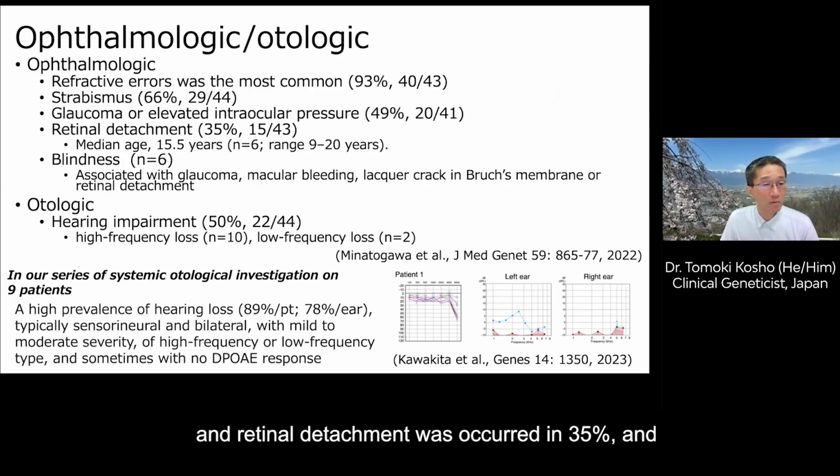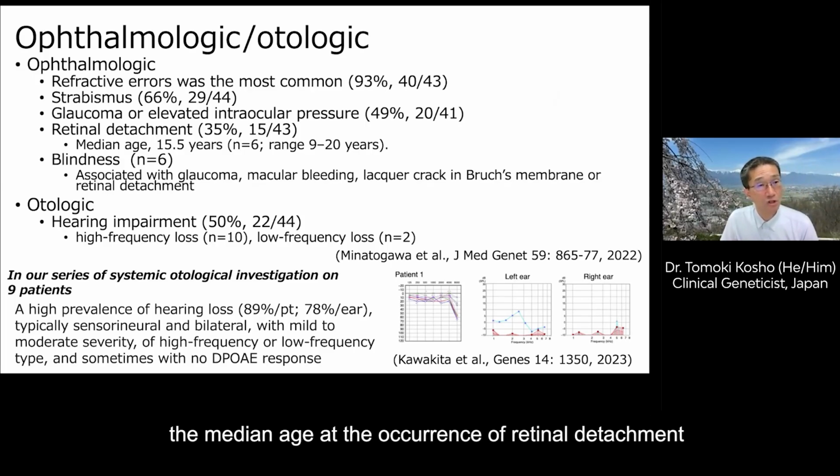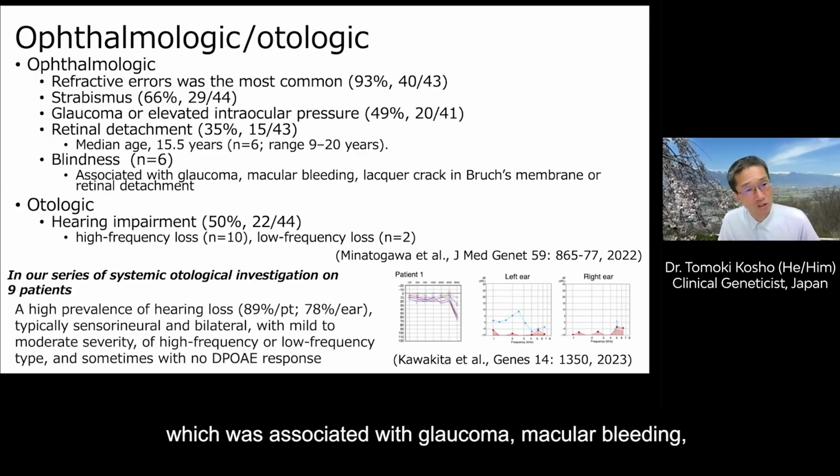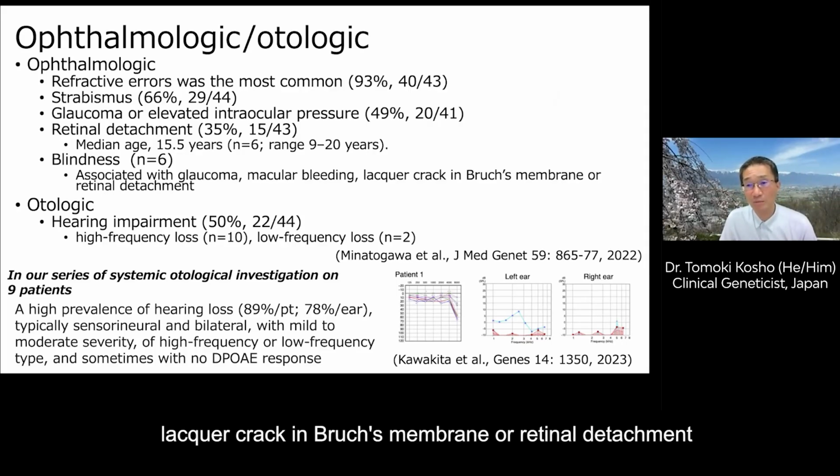Retinal detachment occurred in 35%, and the median age at the occurrence of retinal detachment was 15.5 years. Blindness was observed in 6% of patients, which was associated with glaucoma, macular bleeding, lacquer cracks in Bruch's membrane, or retinal detachment.